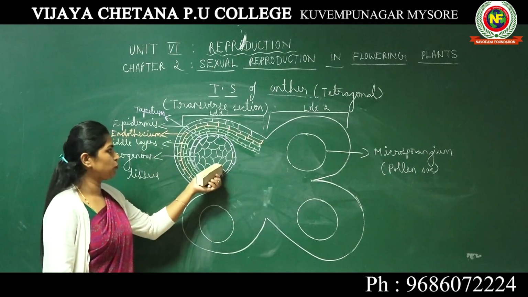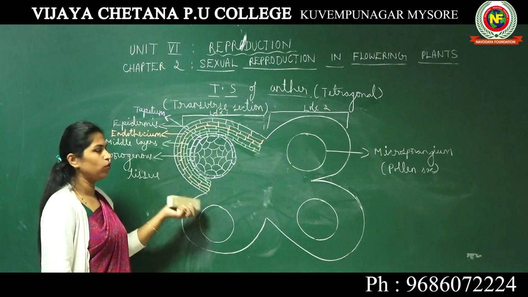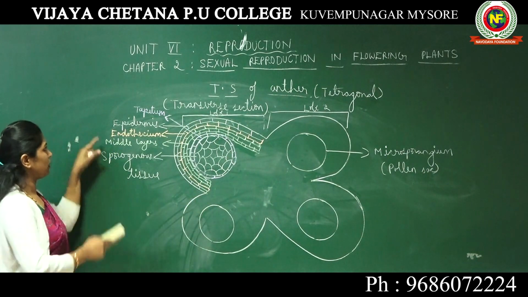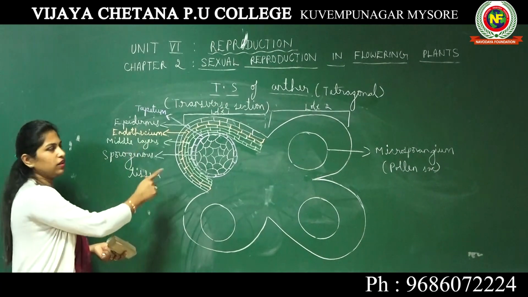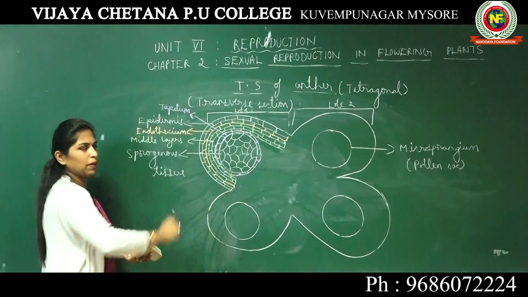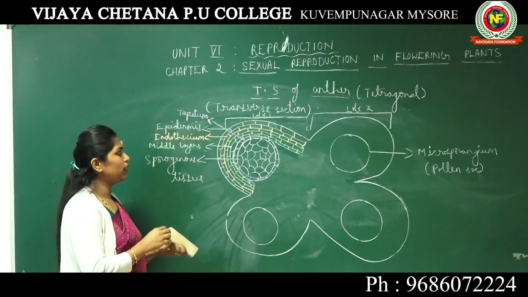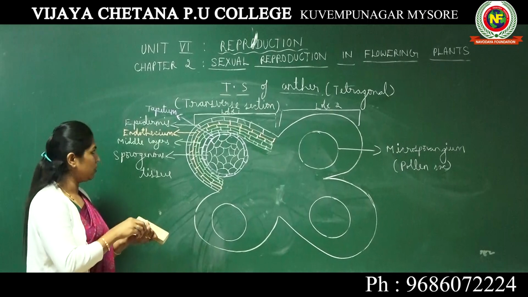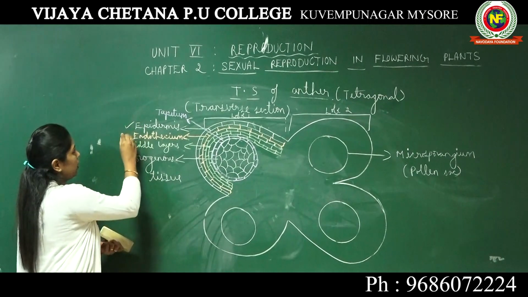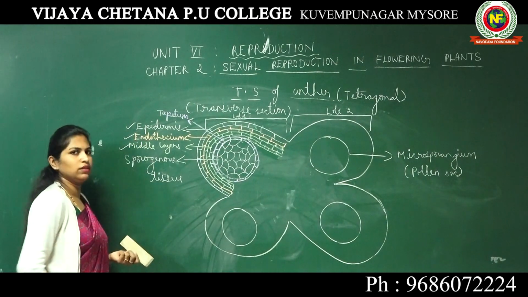Okay, so every microsporangium is surrounded by 4 wall layers. First one is epidermis, second one is endothecium, third one is middle layers, and the fourth layer is tapetum. Now let us see the function of these 4 layers. Here you see epidermis, endothecium and middle layers.